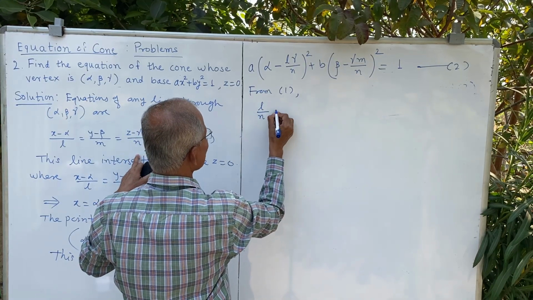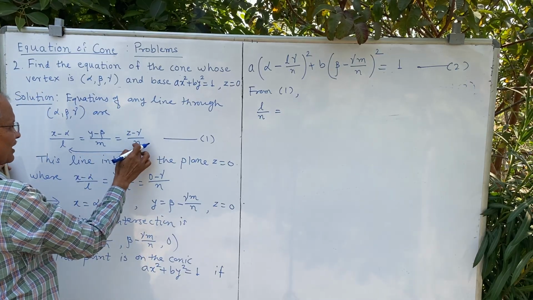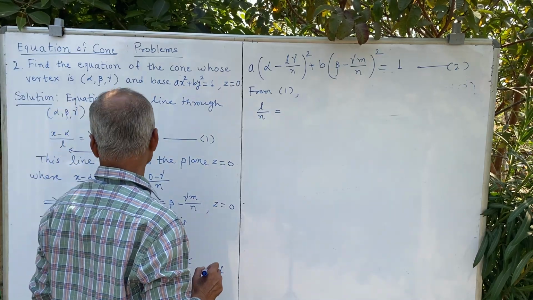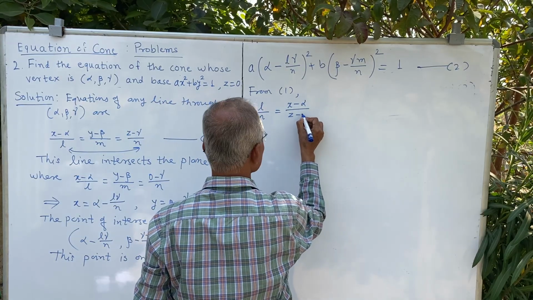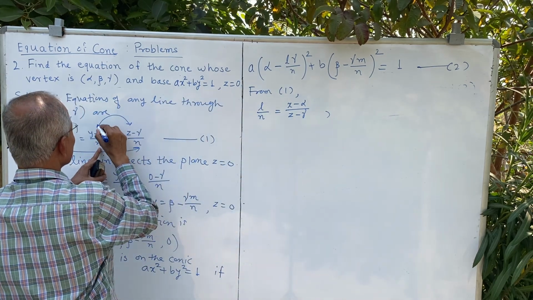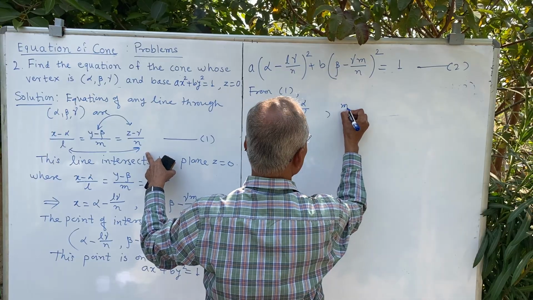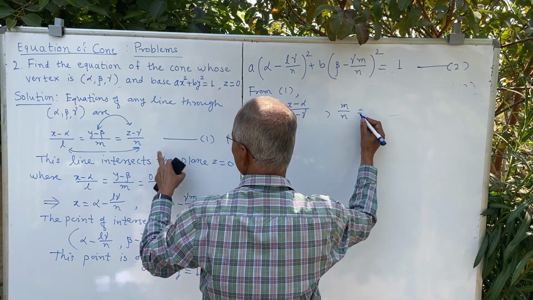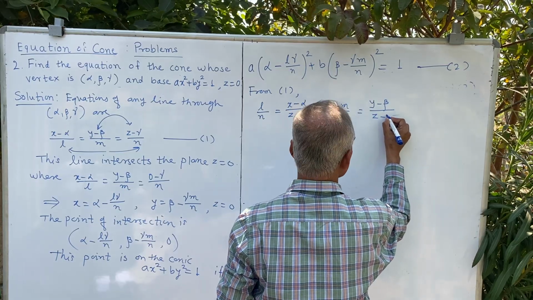L upon n, transfer z minus gamma on this side, is x minus alpha divided by z minus gamma, and equate the second and third. So, that gives m upon n, which is y minus beta divided by z minus gamma.